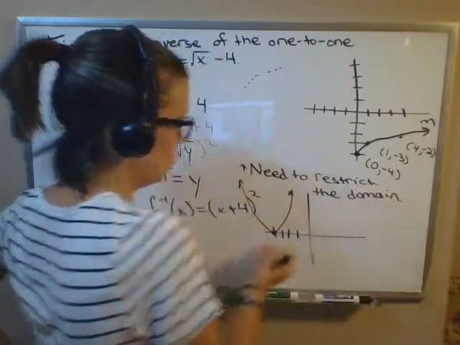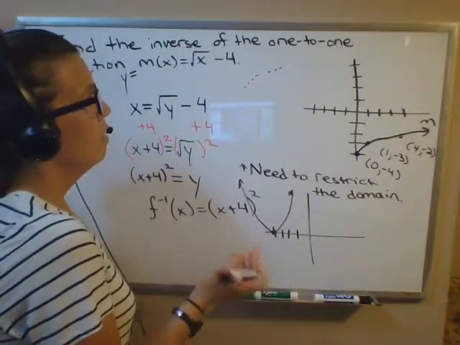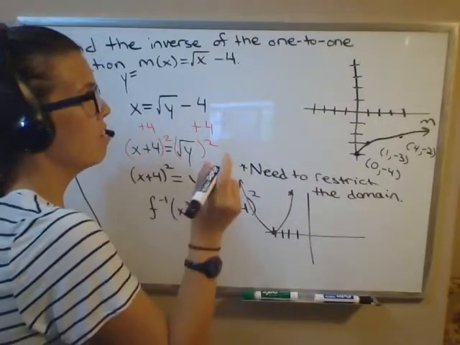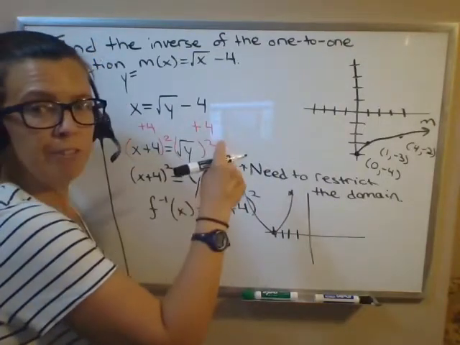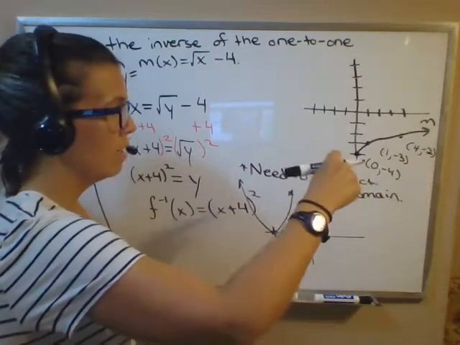So what are we supposed to restrict the domain to? We need to be careful. The way we could determine this is, if you remember, the domain of a function is equal to the range of the inverse function, and vice versa.